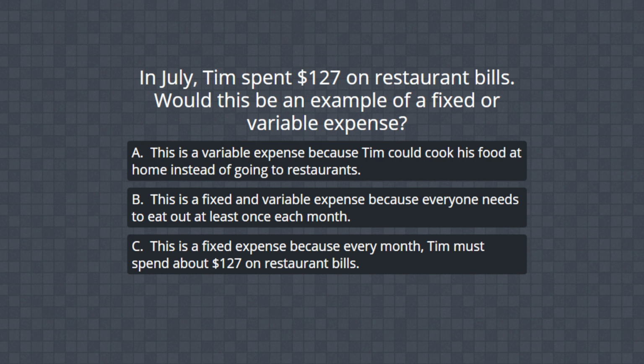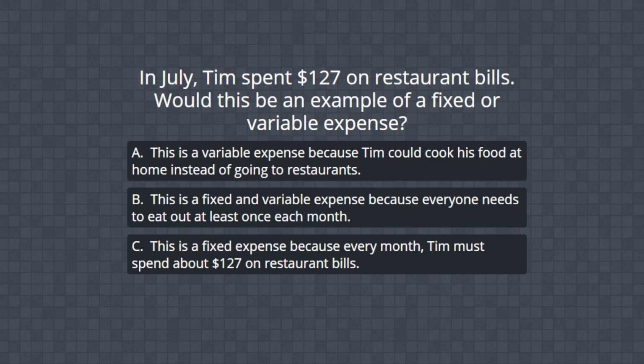In July, Tim spent $127 on restaurant bills. Would this be an example of a fixed or variable expense? Well, okay, let's read the answers. A, this is a variable expense because Tim could cook his food at home instead of going to the restaurant.